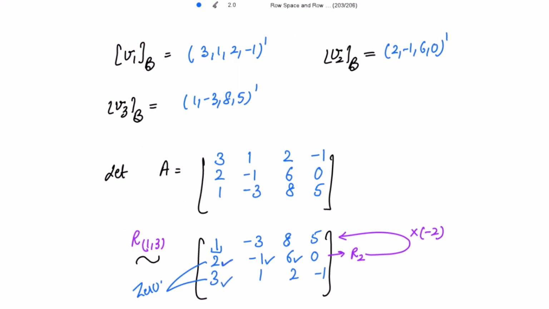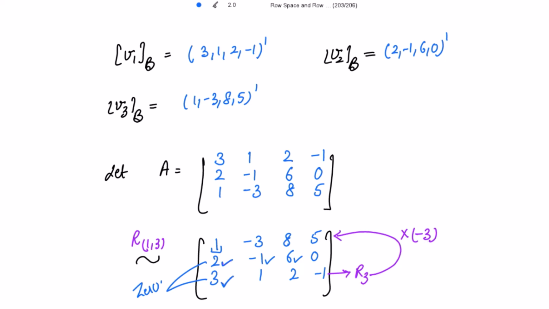To make 0 in place of 3, we need to apply the row operation on row 3. So row 3 should be changed by adding its elements to row 1. But row 1 should be first multiplied with -3. 1 is multiplied with -3, we get -3.